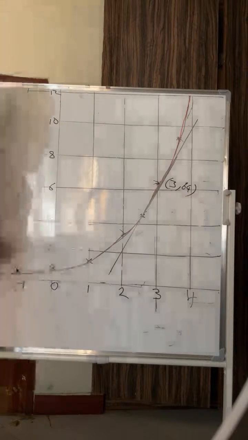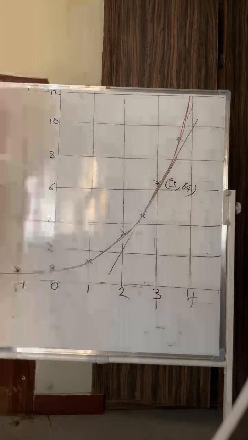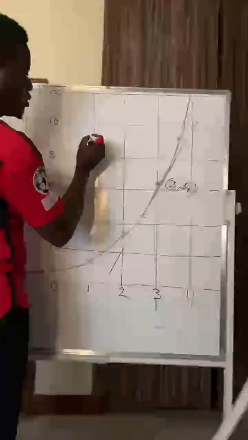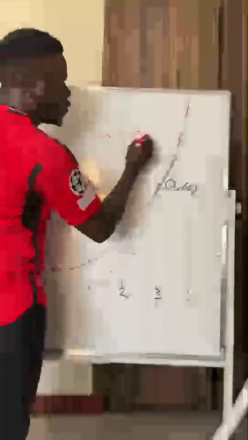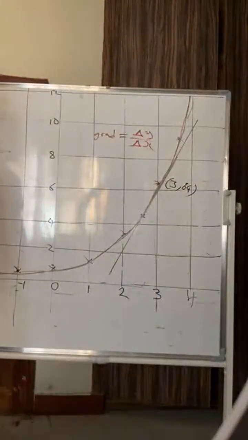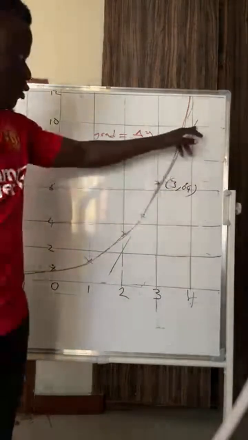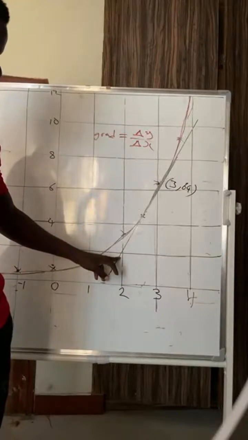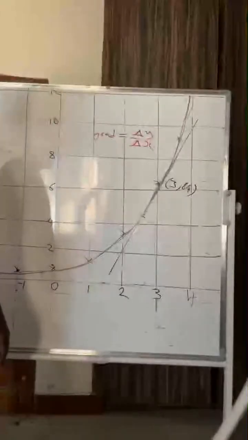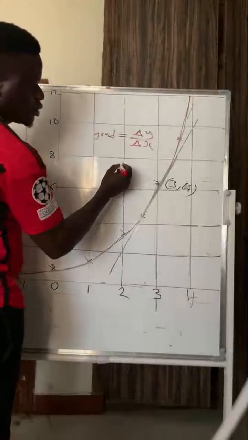The gradient is just the change in y over the change in x. You can get 2 points, then you subtract. Let's try.